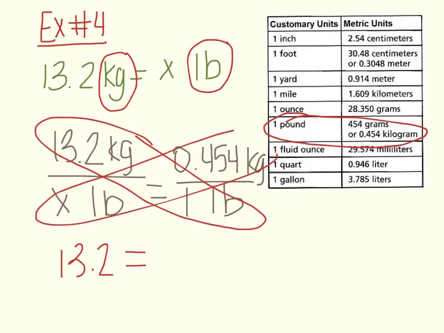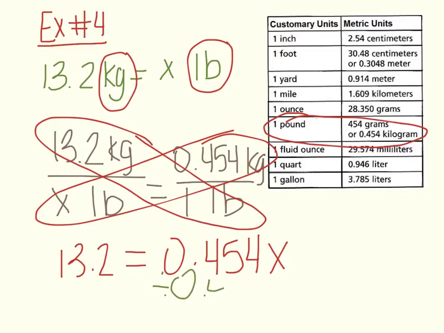And 454 thousandths times X equals 454 thousandths X. We have to get X by itself. So we have to divide on both sides. That side crosses itself out.